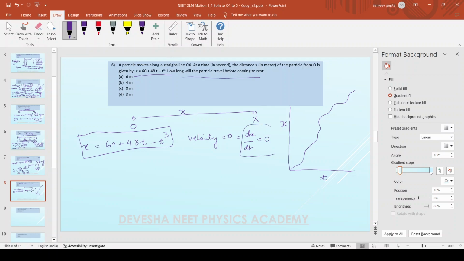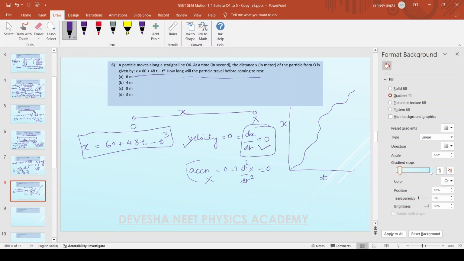Similarly, if it was given that acceleration is zero, then d2x by dt2 would have been zero. But let's not digress, let's focus on this one.